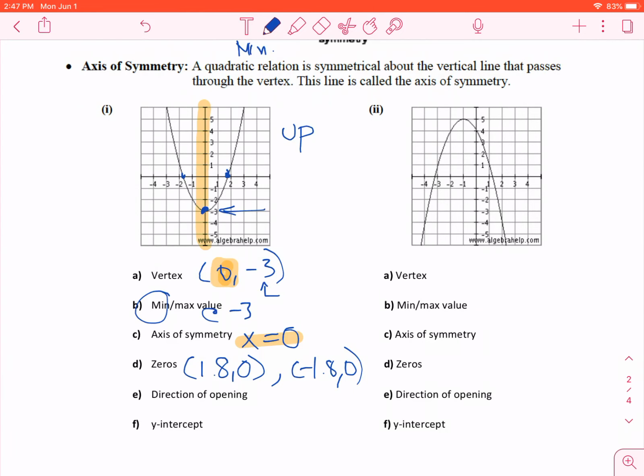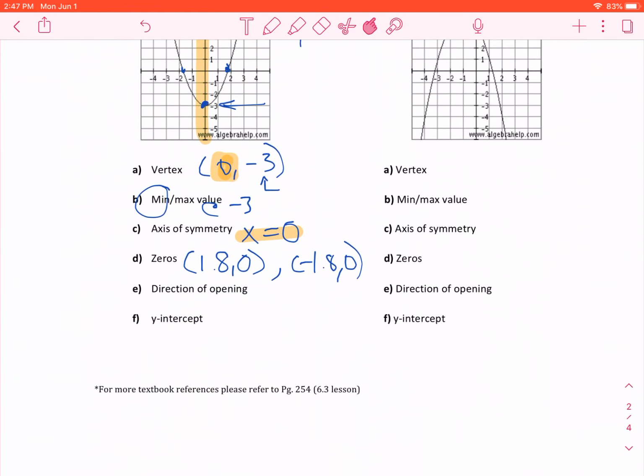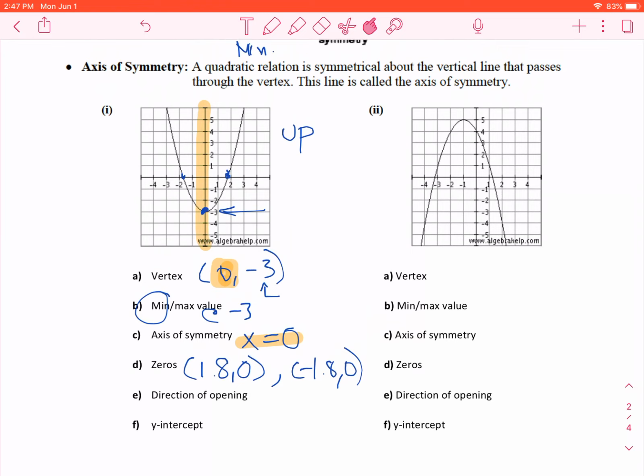In future it will be very easy to identify, similar to how these ones are easy to identify. But in cases where you can't really see, it's a good idea just to make mention of where approximately it will be, at least for now. Direction of opening, we've already said that this opens up. And then your y-intercept is where the graph crosses the y-axis. So in this case, (0, -3).